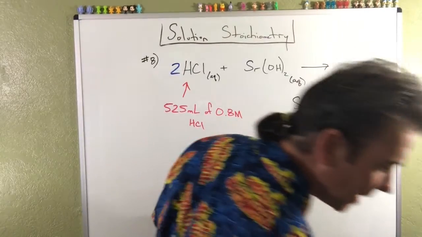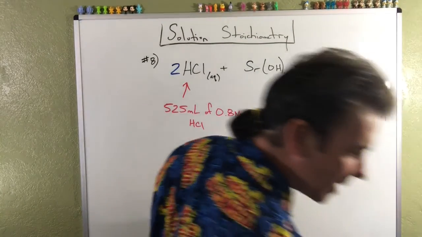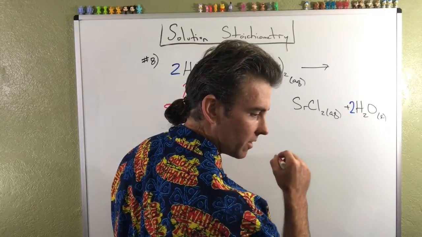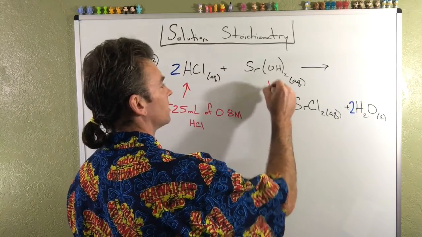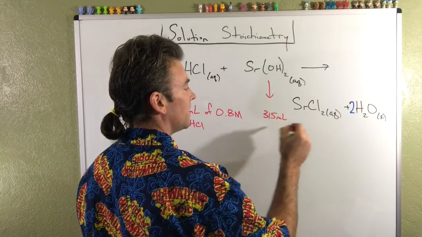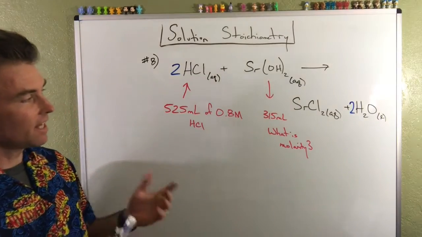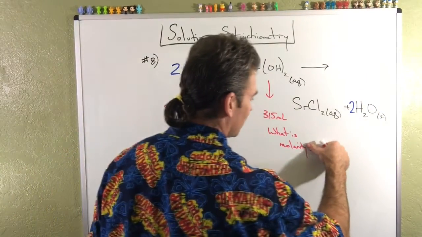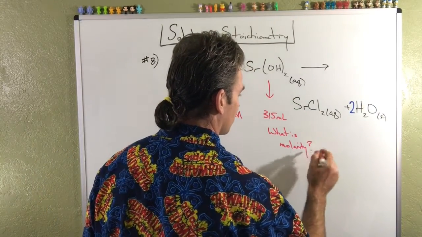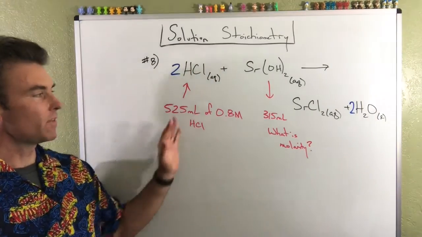And ultimately, I want to know, if I neutralize something with 315 mils of this, what is the molarity? Question mark. Okay. So let's see if we can put everything together.